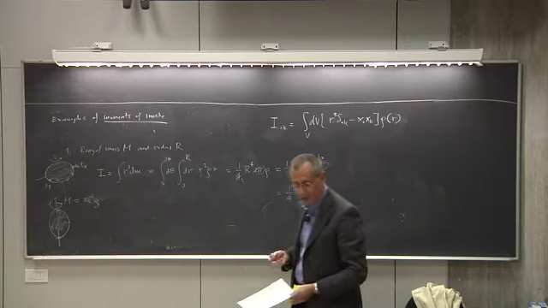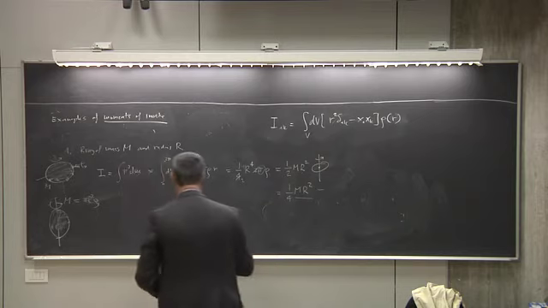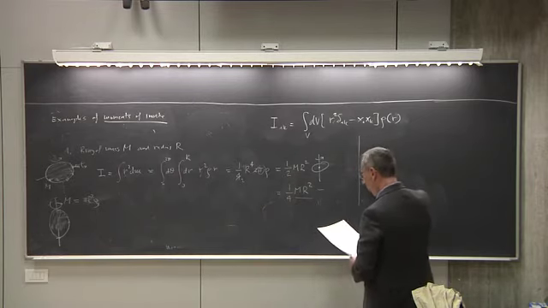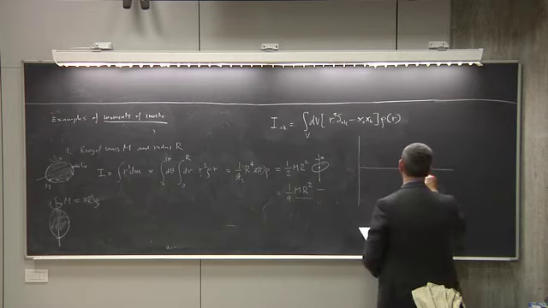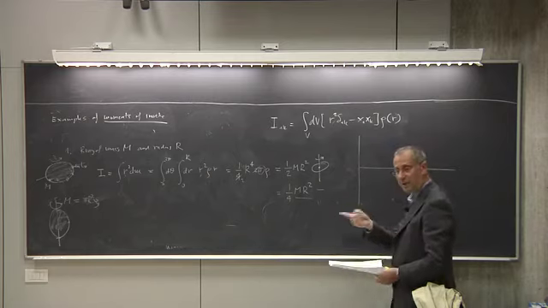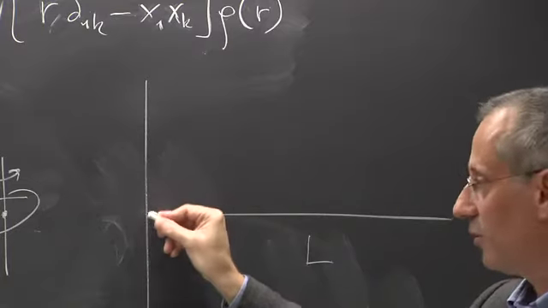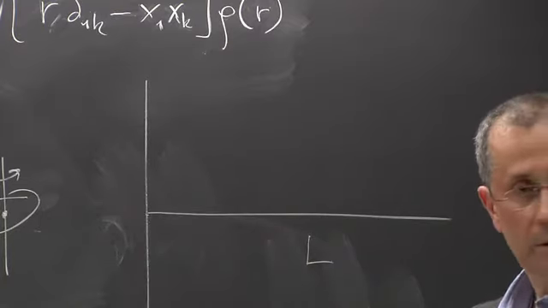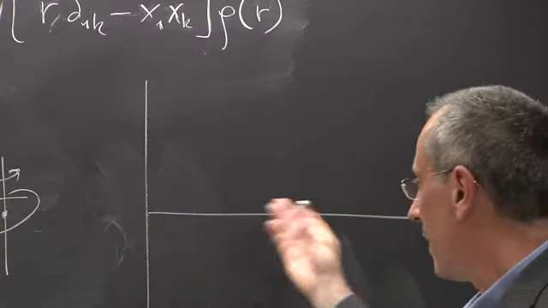Not because it's nice, it's just because it's simple. So a thin rod means you have, for instance, a wall or something, and then you have a rod of length L that can move about this axis.